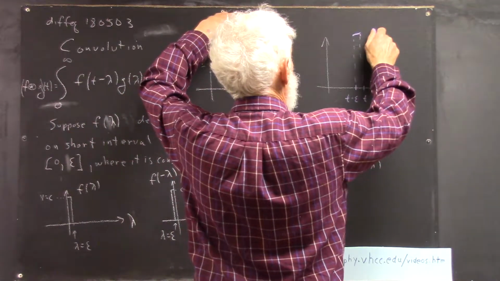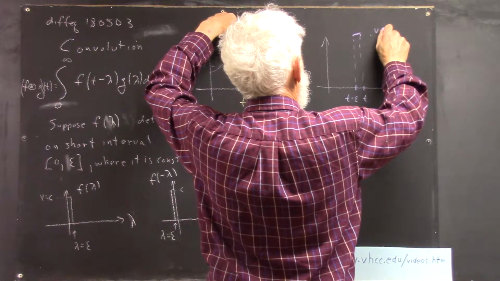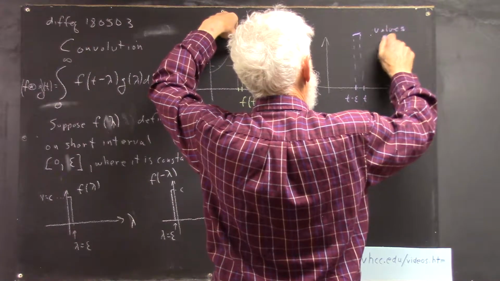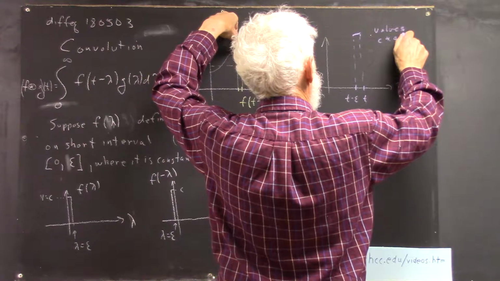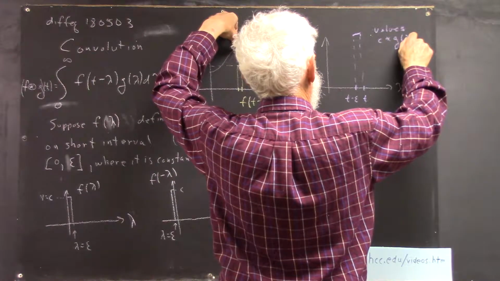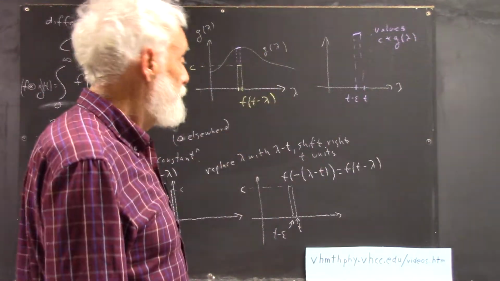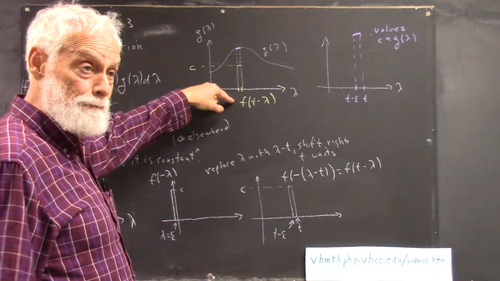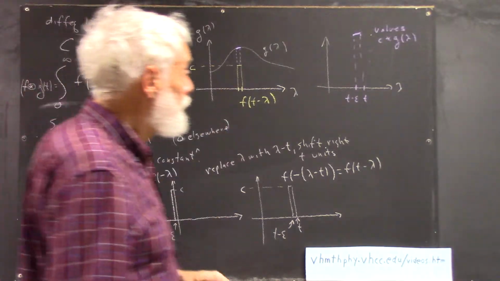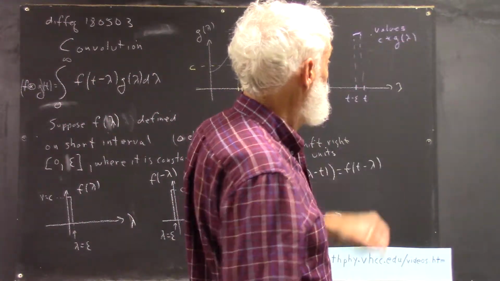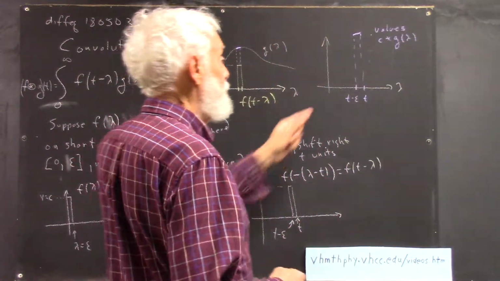Now the values here are c times g of lambda, because c is the value of this f function, right? So the values are c times g of lambda, and that's it.